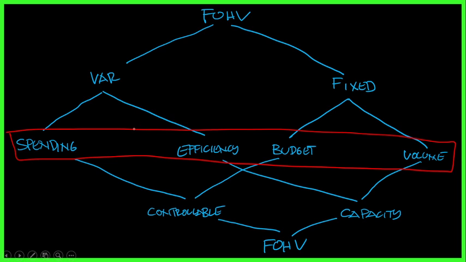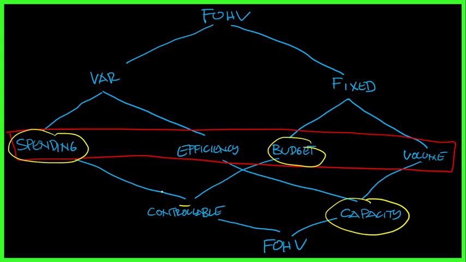How come the three-way variance has method A and method B? Sometimes your variances are not properly dissected or separated. For example, you have capacity variance, and this one you divide into budget variance and spending variance. Or you can have controllable variance, and then you have efficiency and volume variance.